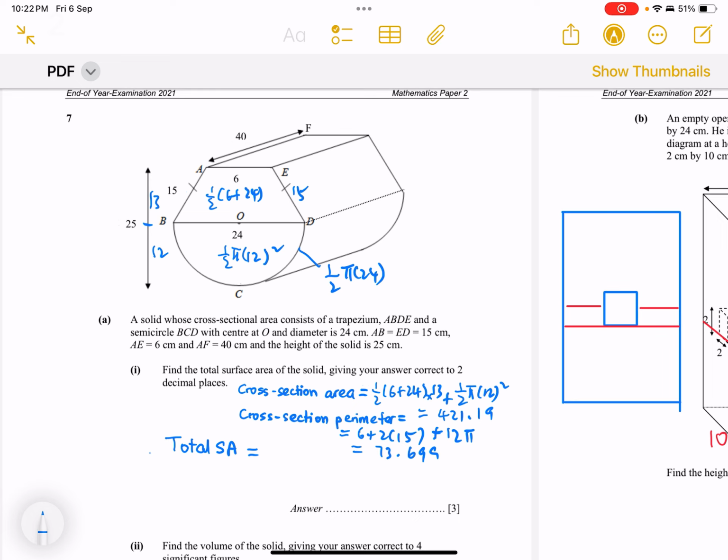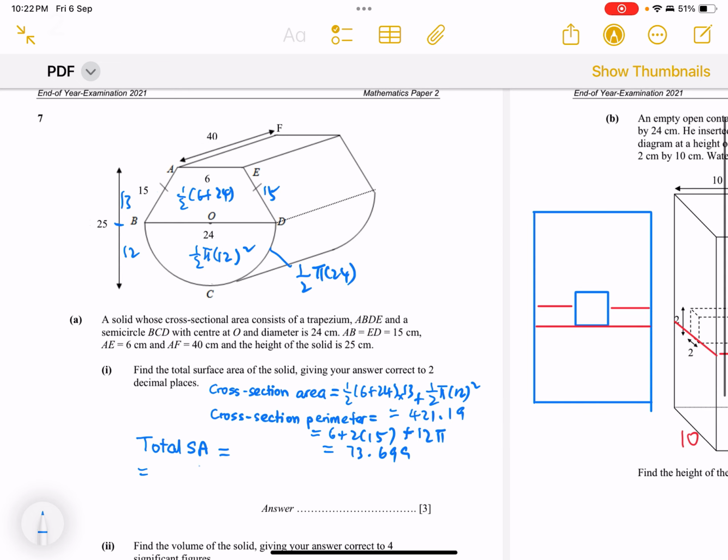So the total surface area is 2 times the cross-section area. The cross-section area is 421.19. And then the perimeter multiplied by the length, and the length is 40.